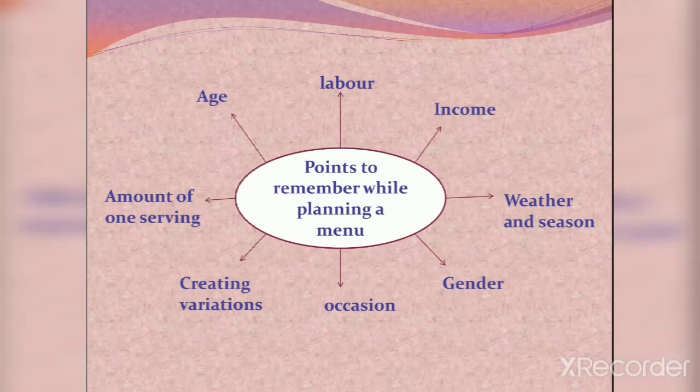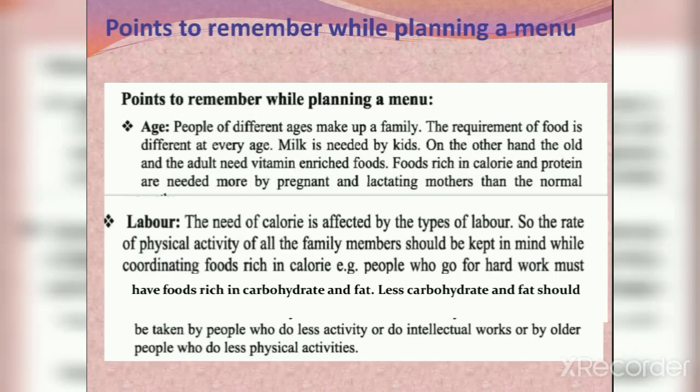Now we are going to know the points to remember while planning a menu: age, labor, income, weather and season, gender, occasion, creating variations, amount of one serving. Age. People of different ages make up a family.